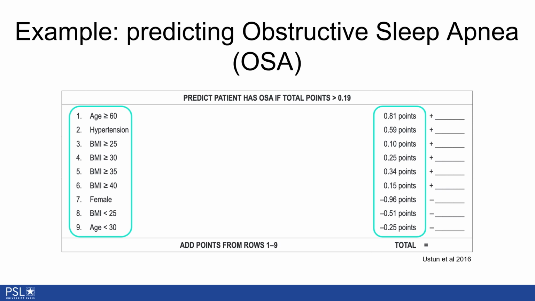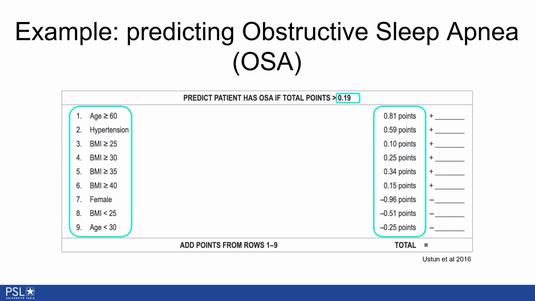The final total is then directly the output of the regression, which specifies the log odds that the patient has obstructive sleep apnea. This total value is then compared to a threshold, in this case 0.19, and if the total is larger than the threshold, the diagnostic is that the patient has OSA.